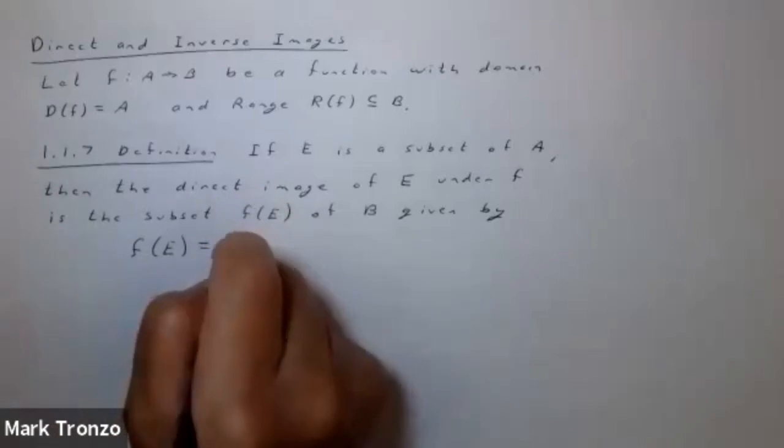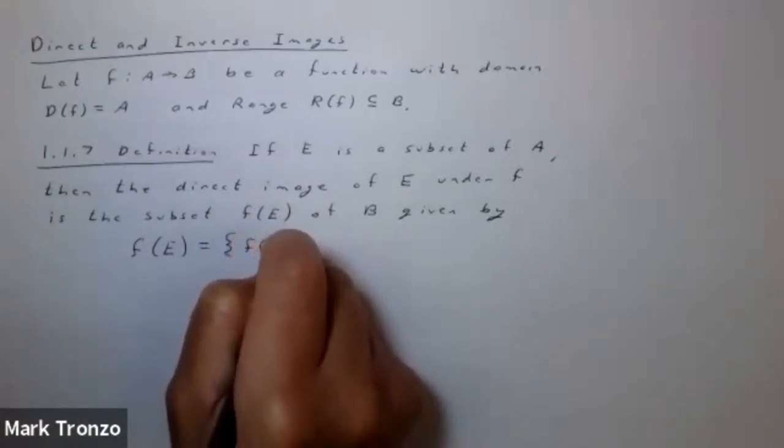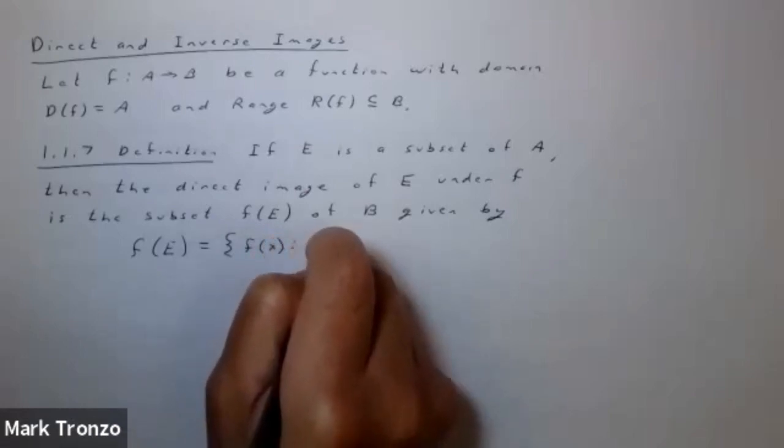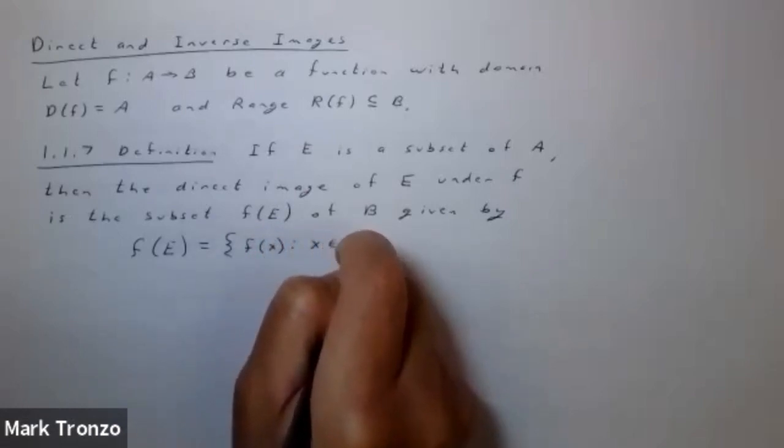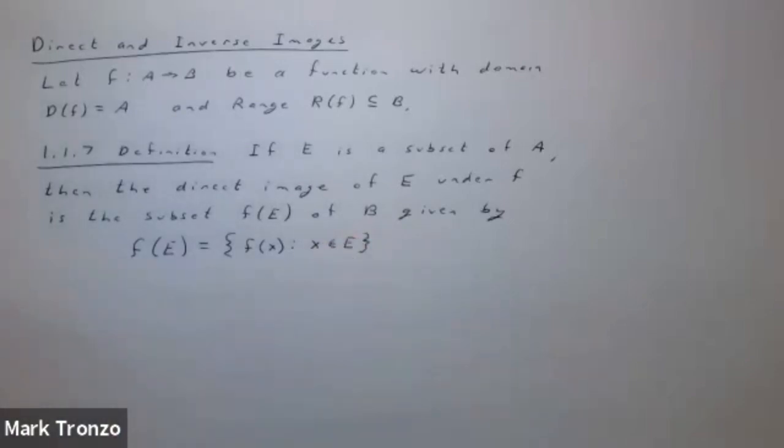And so that's going to be the values of our function F(x) such that x is in E, like that. Which kind of makes sense.